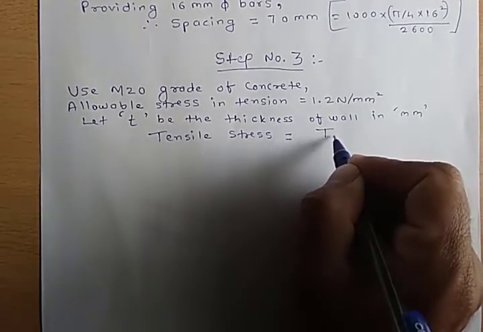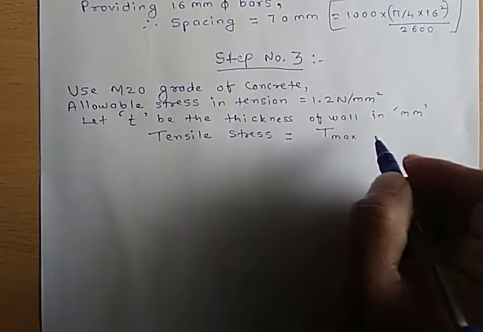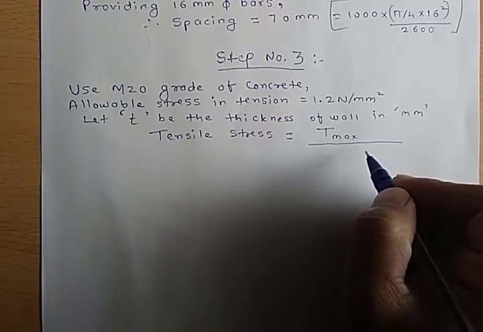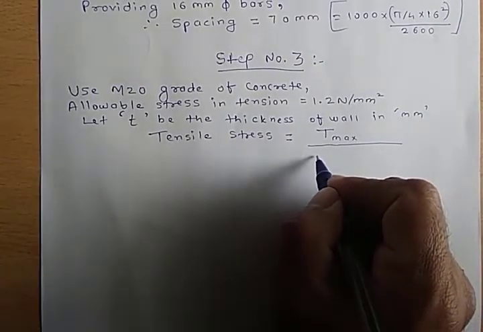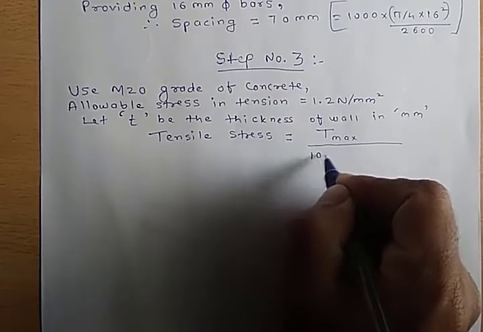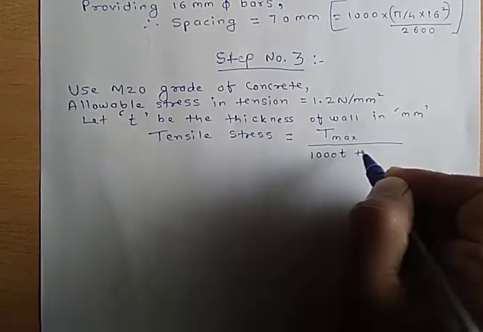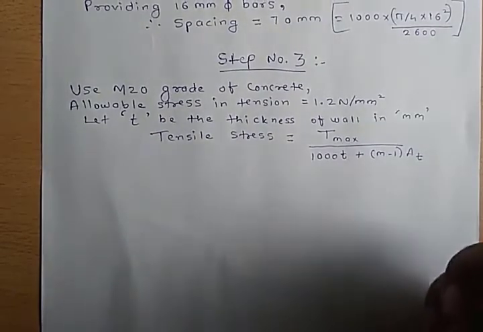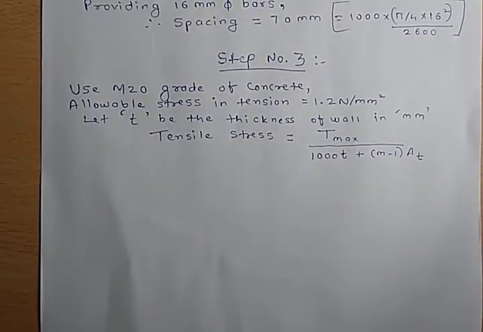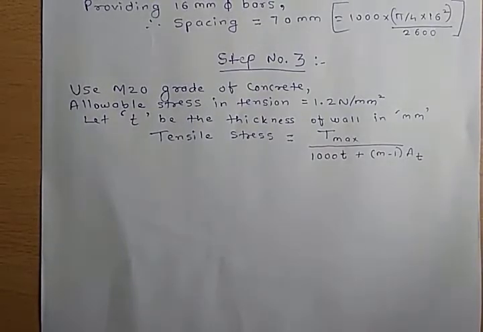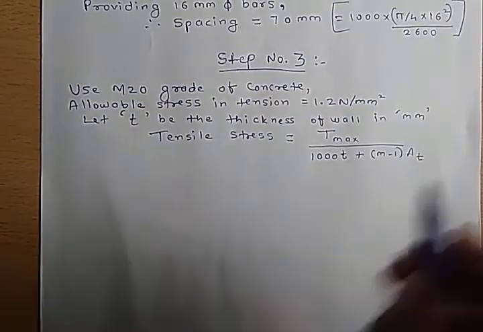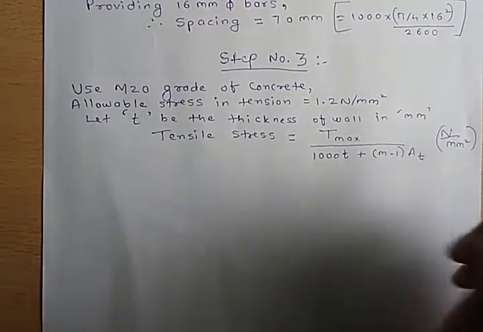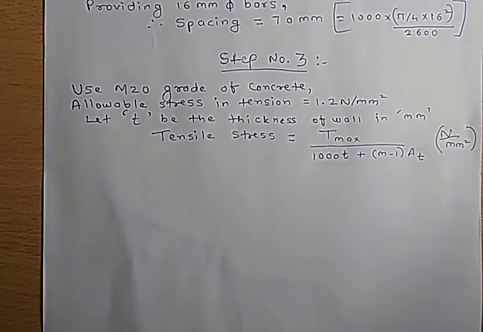Tensile stress is equal to T max, that is equal to WHD by 2, divided by 1000 T plus (m minus 1) into Ast. So this is actually in Newton per mm square.